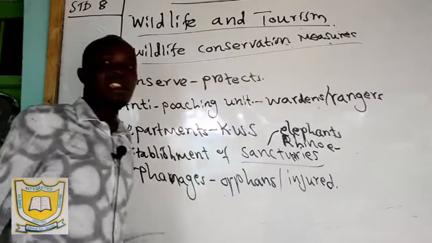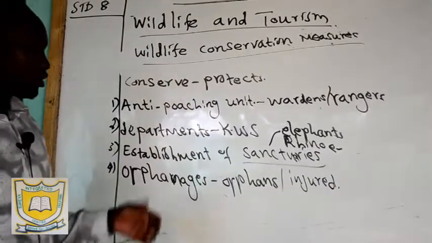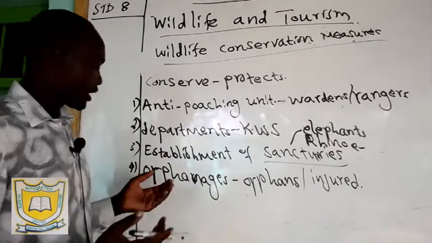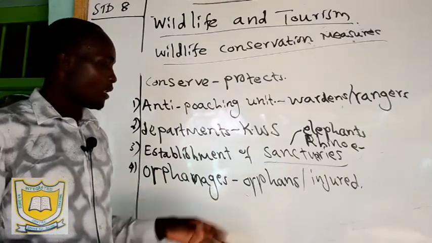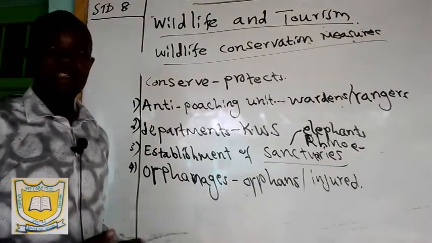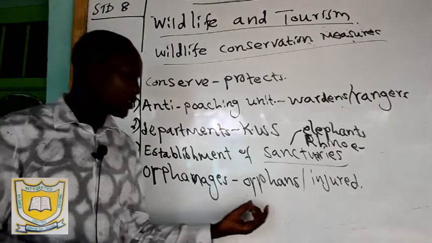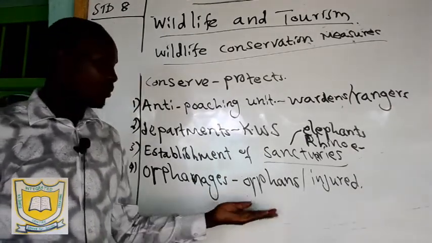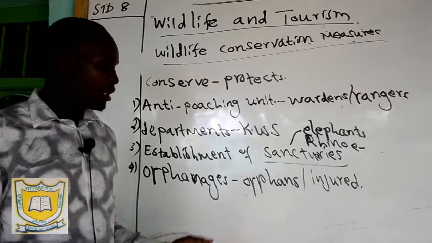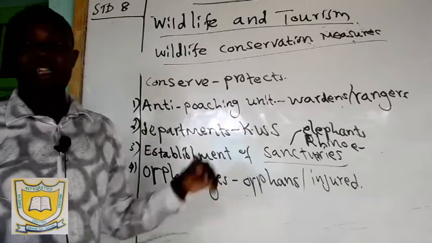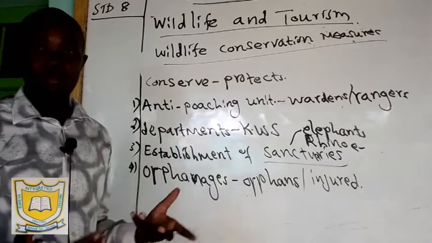So the government is taking care of these animals. Maybe in the forest a young wildebeest or a gazelle or antelope has been born, then maybe the mother was taken away by a leopard. You'll find this young one is very prone to predators and problems like diseases. So the government will follow up, pick up this young one and take it to the orphanage where they can feed it, and it grows.